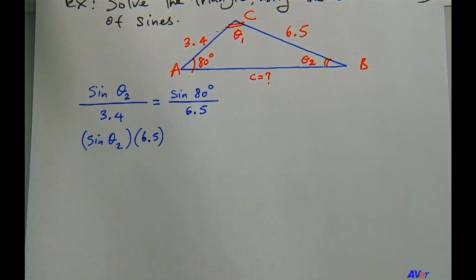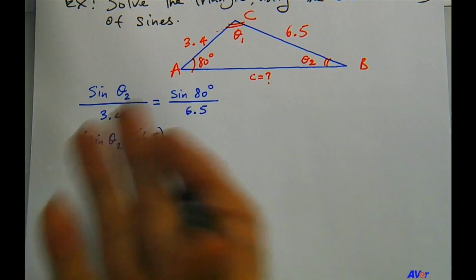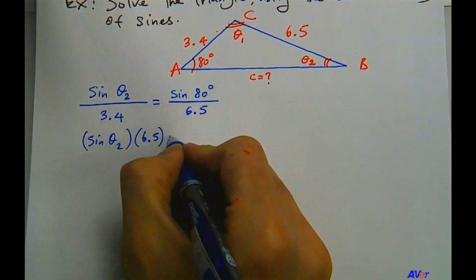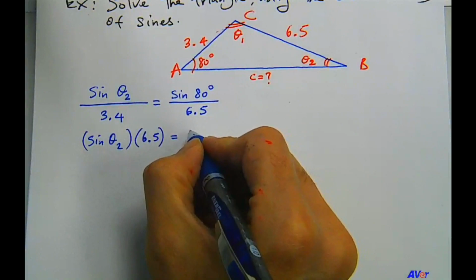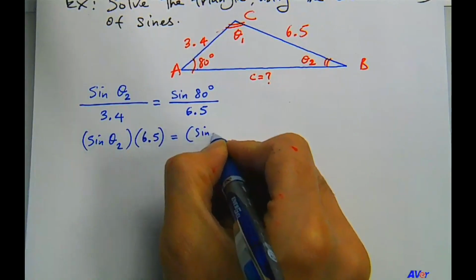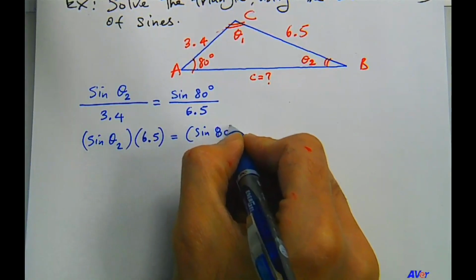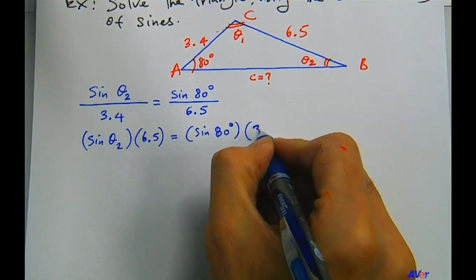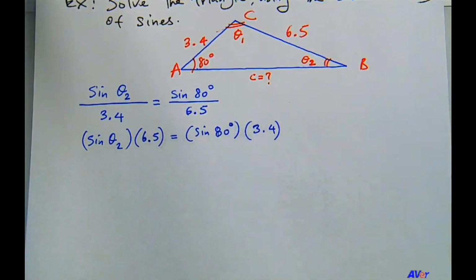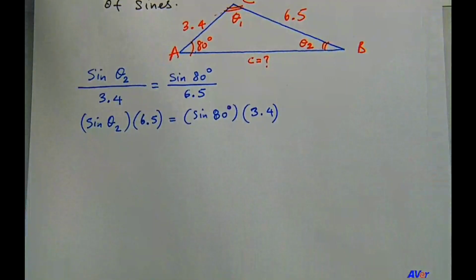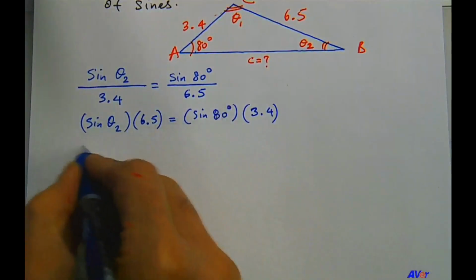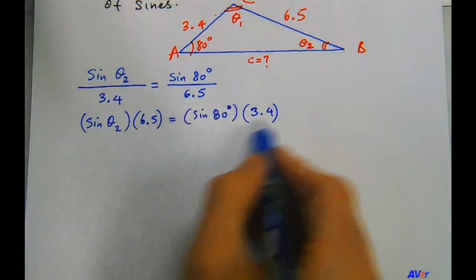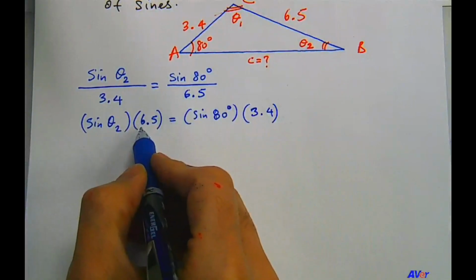So to get the theta 2, we're going to have to use the inverse sine function. That's why we had to go through the inverse trigonometric functions before we got to this point. And then of course, sine of 80 degrees multiplied by 3.4.